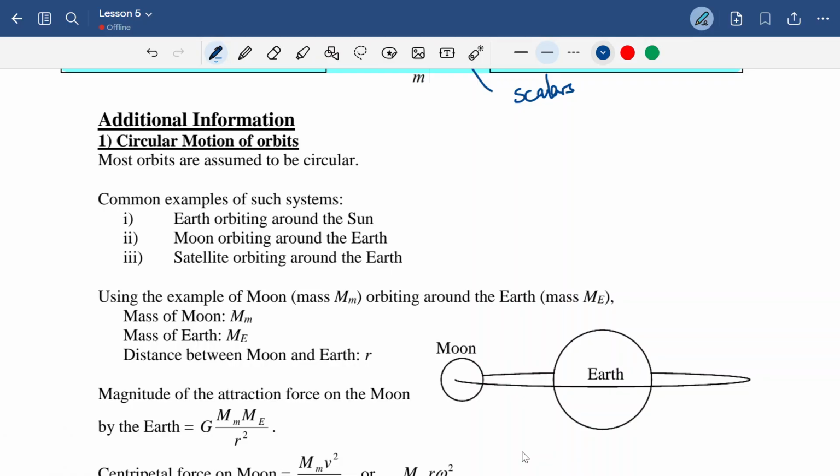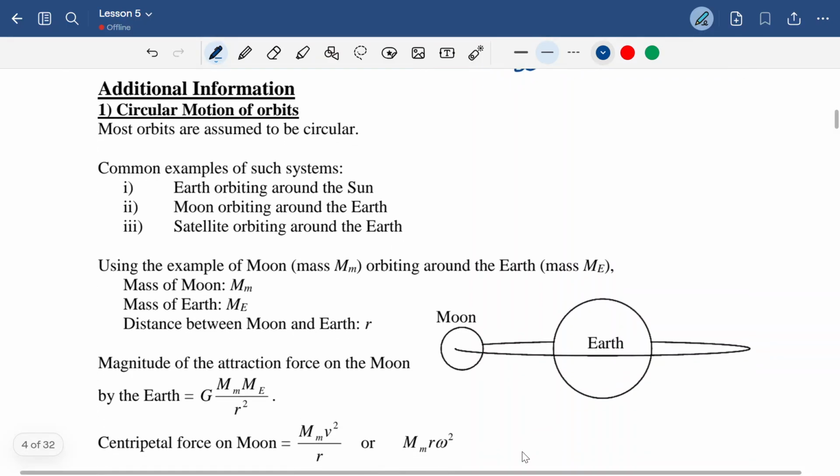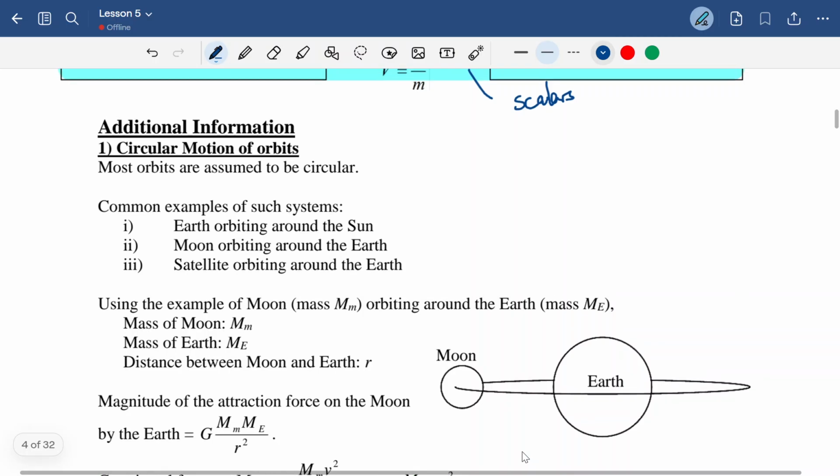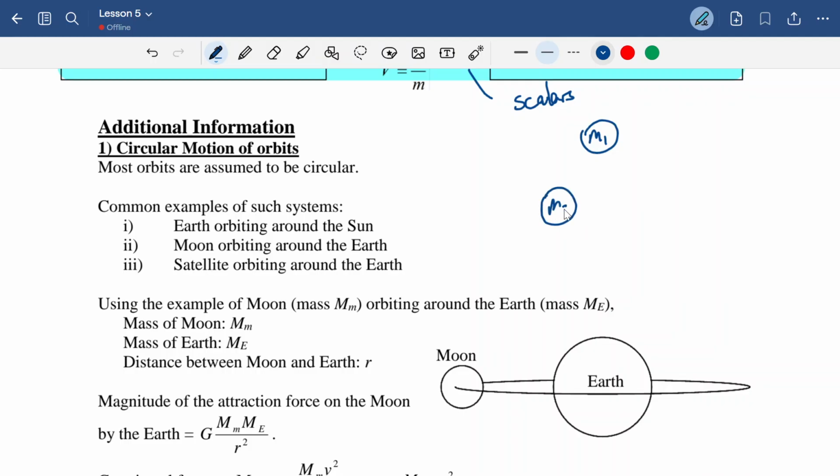Some quick applications here. The law of gravitation, apart from fields, is still a formula for force. One of the types of question which I did put in, you can have theoretically mass 1, mass 2, and mass 3. Find the resultant force on, let's say, mass 3.